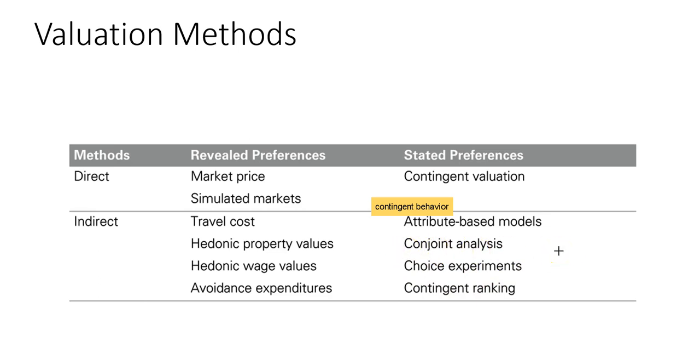Some people call that conjoint analysis. Some people call it contingent ranking. It also goes by attribute-based models, and best-worst analysis, which isn't on this list. But we'll talk about three main types of stated preference approaches: contingent valuation, contingent behavior, and choice experiments.